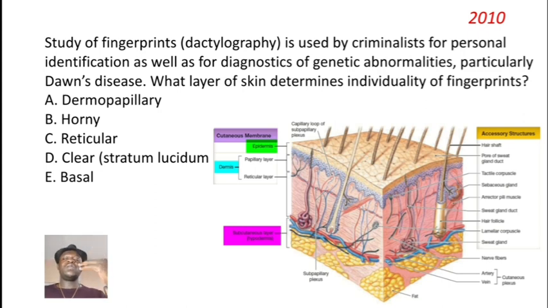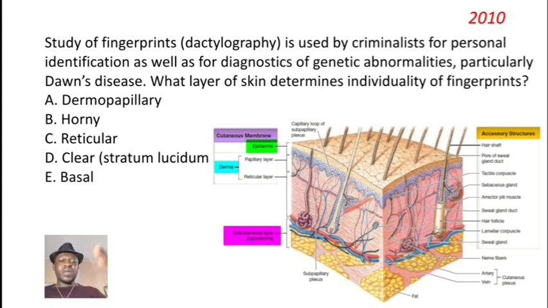Our skin has three layers: the epidermis, dermis, and hypodermis. Hypodermis is also known as the subcutaneous tissue. The dermis has two layers: the papillary layer and the reticular layer. The papillary layer is the one which determines the fingerprint pattern.